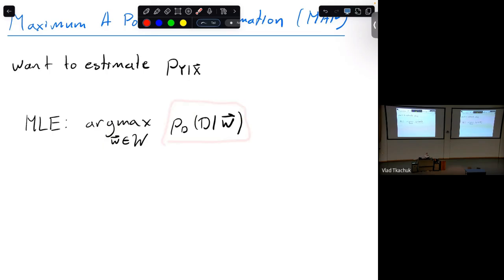We should think of that as the likelihood of that parameter. So likelihood is to be thought of as a function of parameters for a fixed data set, and you want to pick the parameter that has the highest likelihood.